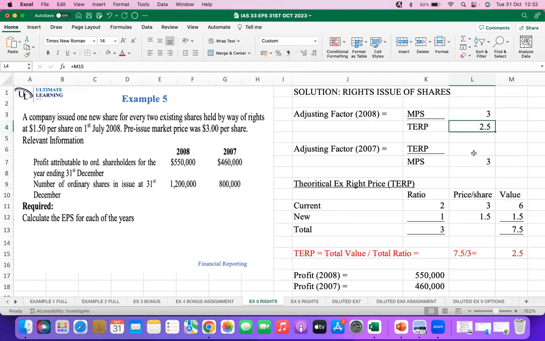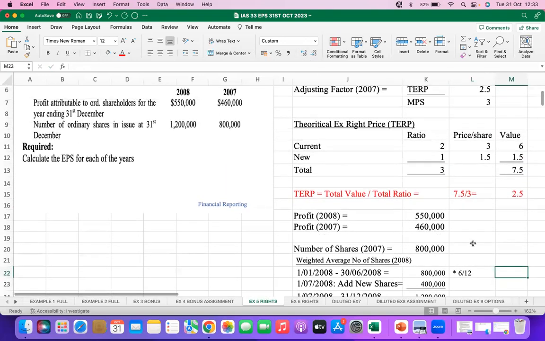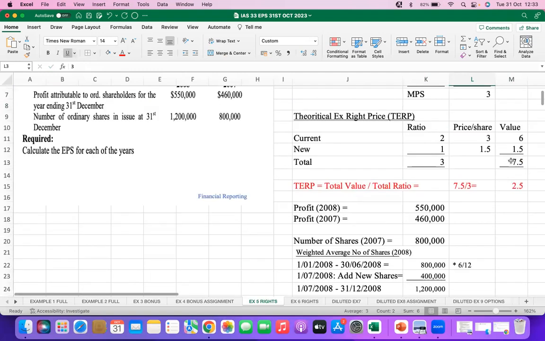TAP was 2.5. So that is what I can bring here. So the factor in 2008 is 3 divided by 2.5.